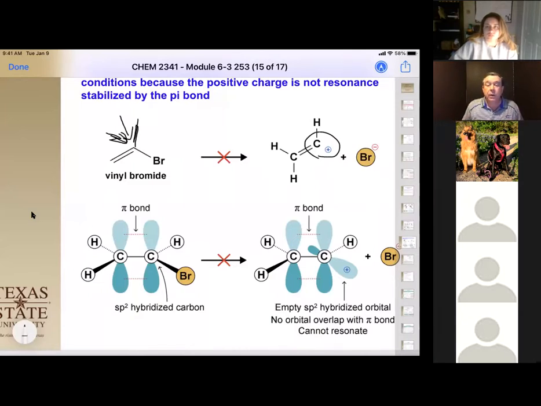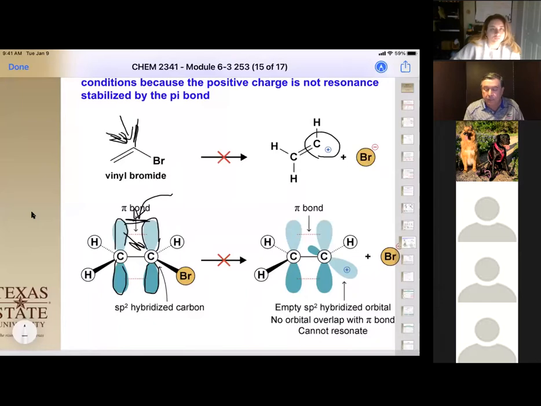Okay, and if we want to look at it from the perspective of where the lone pairs are, the p orbitals are here and here, and so we can't actually have a nucleophile come in and react. The pi bond is more likely to act as the nucleophile because it's electron rich.